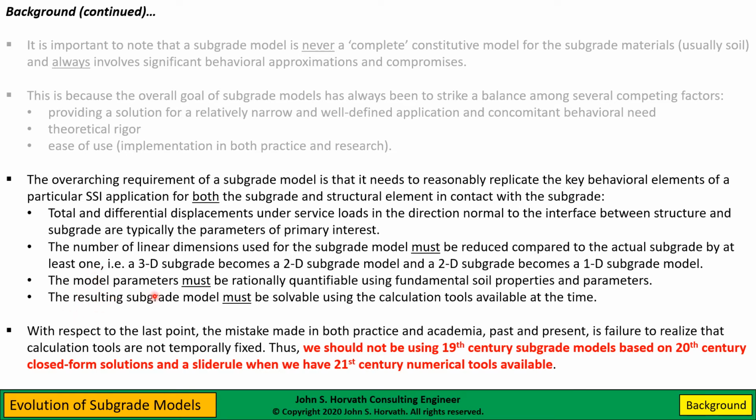Calculation tools have changed drastically over the last century, two centuries. Things that were defensible in the pre-computer age are no longer defensible. But the bottom line is we should not be using 19th century models from Fuss and Winkler, and 20th century closed form solutions from Hetenyi that were solvable with a slide rule, when we have these 21st century numerical tools available to us. It really not only makes no sense, it is not defensible.